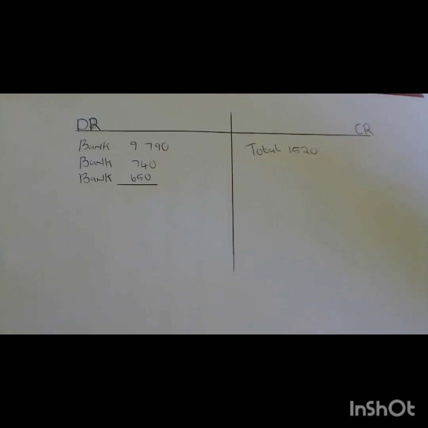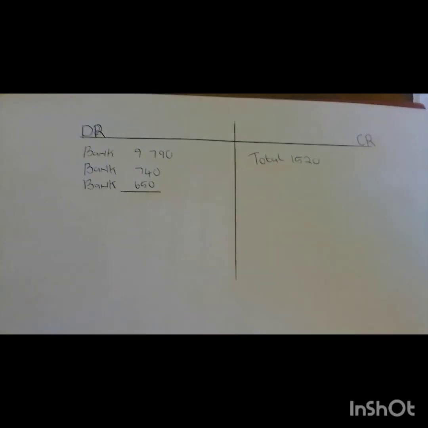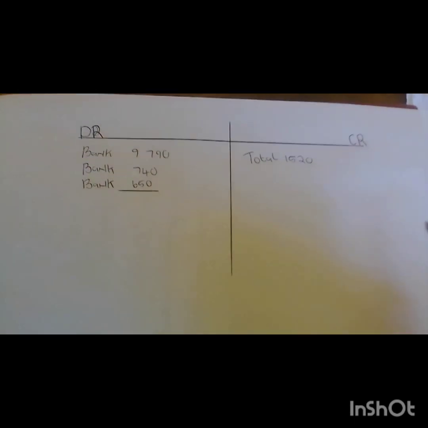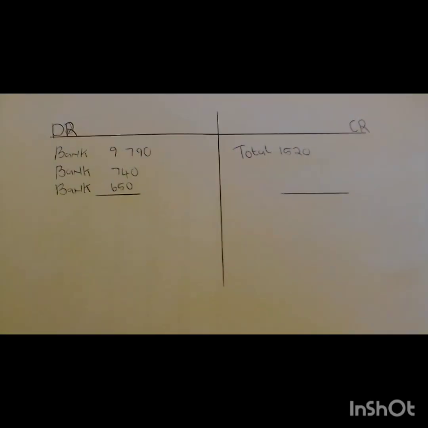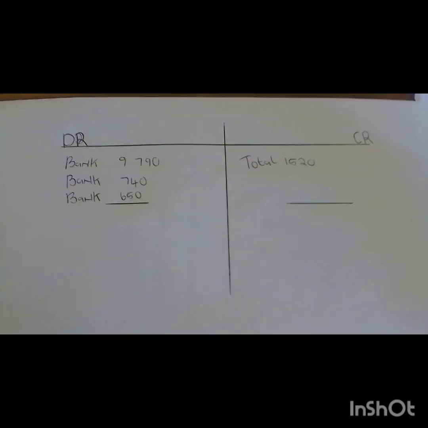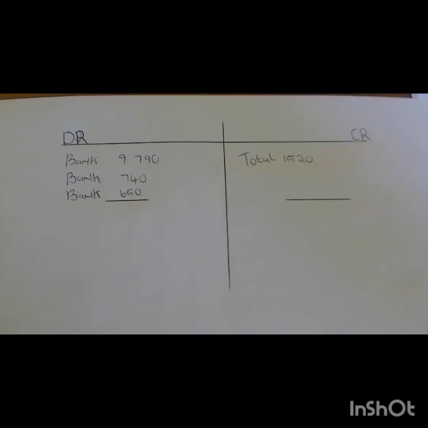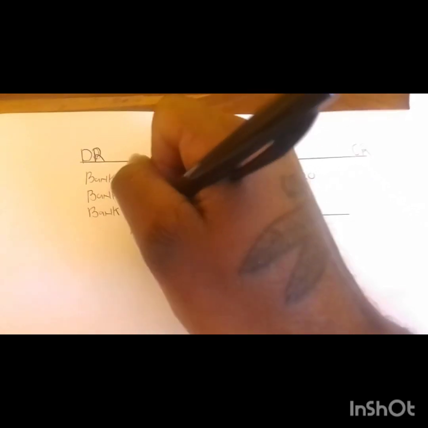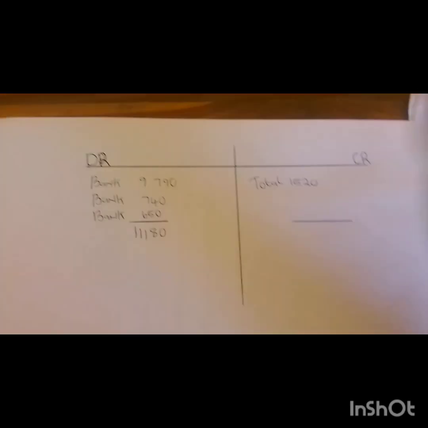So what we are going to do now is calculate to check which side is greater. It can either be this side or this side. Alright, let's calculate. From the calculations that I have made, the debit side is greater. So you write the total you got from the debit side, which is 11180.